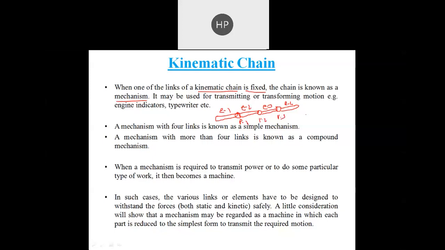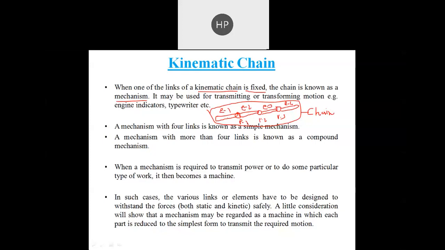Now these four elements when connected with each other are known as a chain.